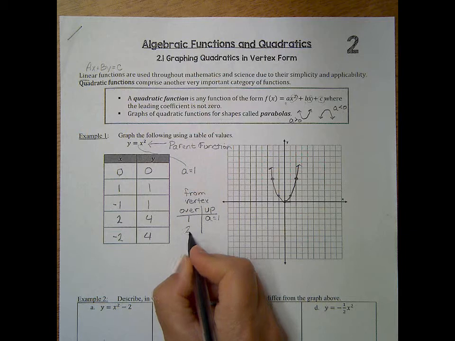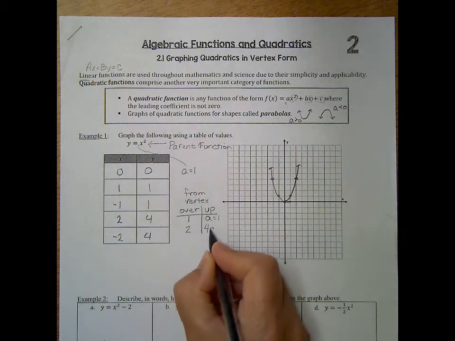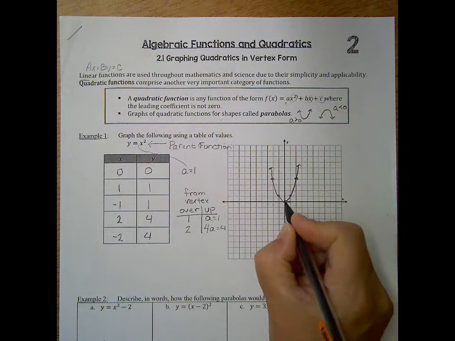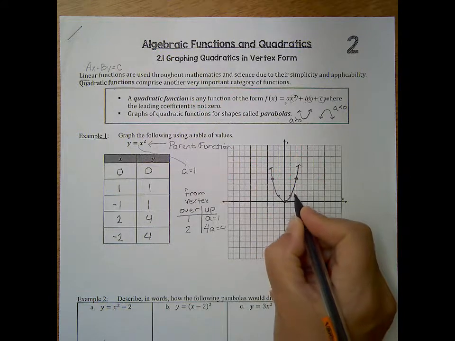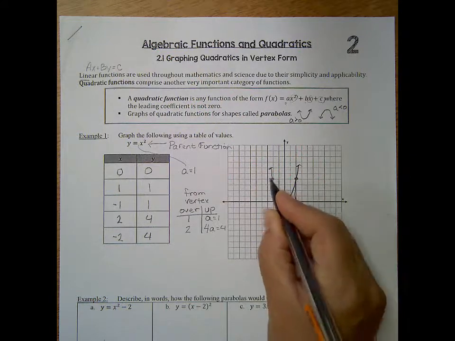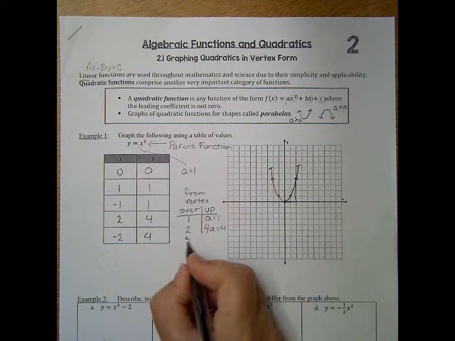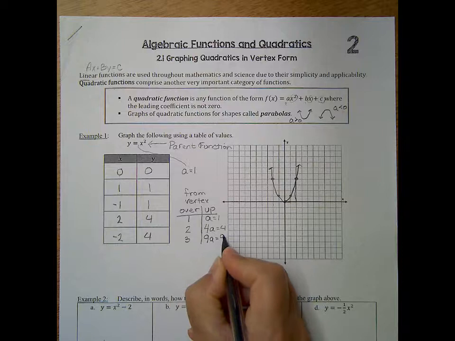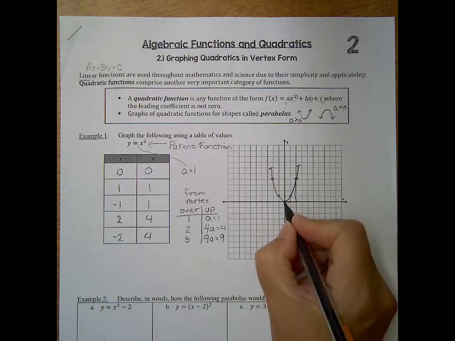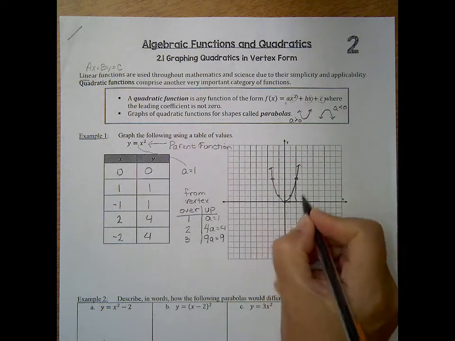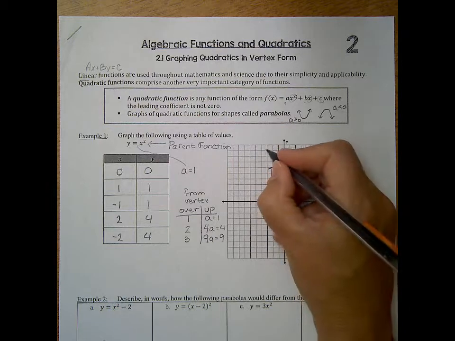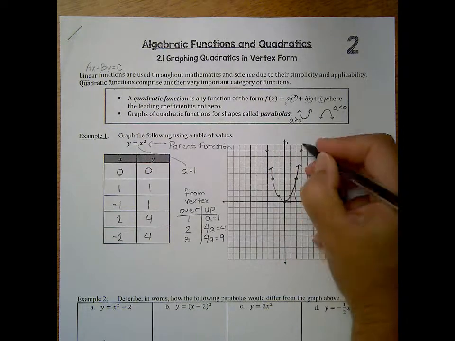And if we go over 2, we're going to go up 4 times a. Remember, a was 1, so that would be 4. So from the vertex over 2, we're going to go up 4 to get another point on either side. If we go over 3 from the vertex, we're going to go up 9 times a, which would be 9 times 1 is 9. So our next point would be here and over here if we continued that parabola on.